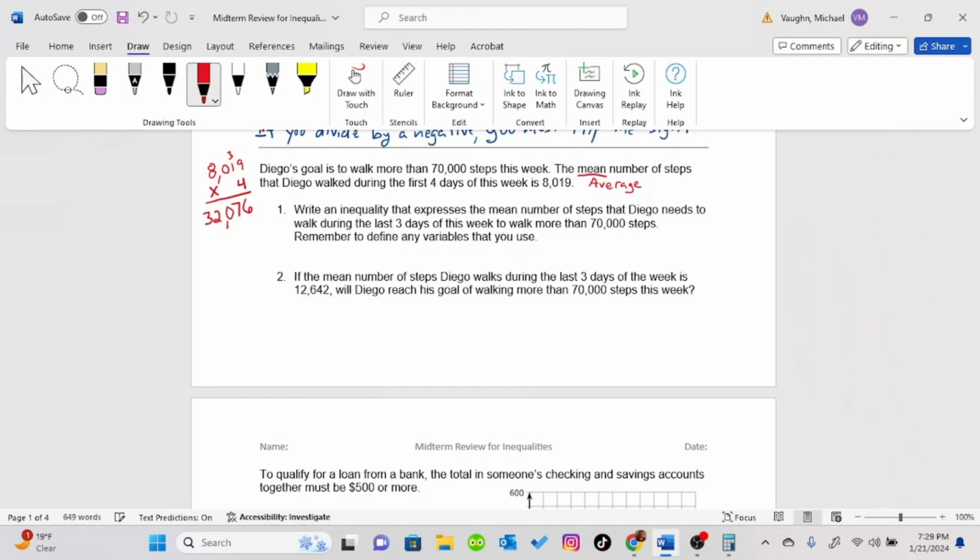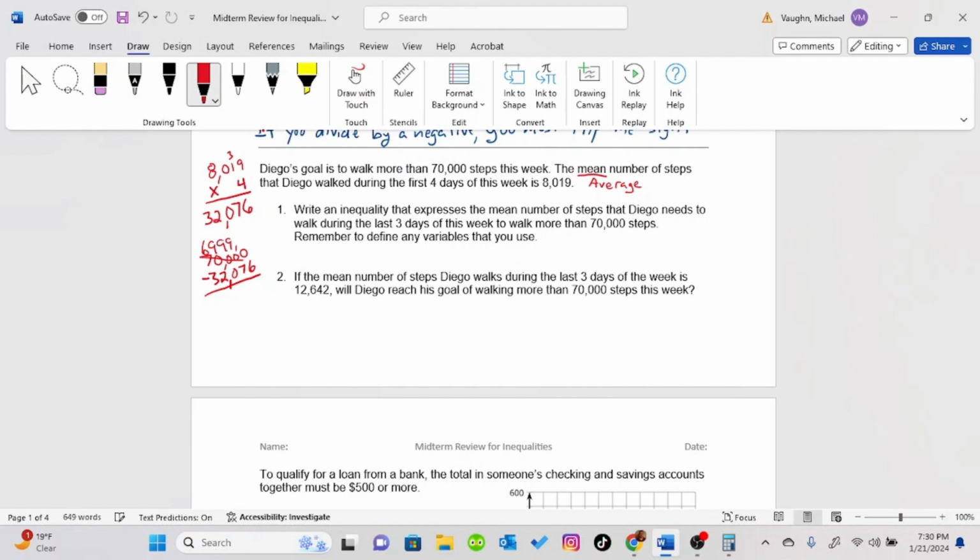So we can take the 70,000 that is his goal, and we can subtract the 32,076 that he already walked. We're going to borrow 1 from 7,000.